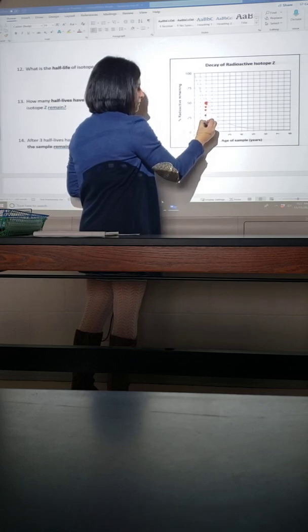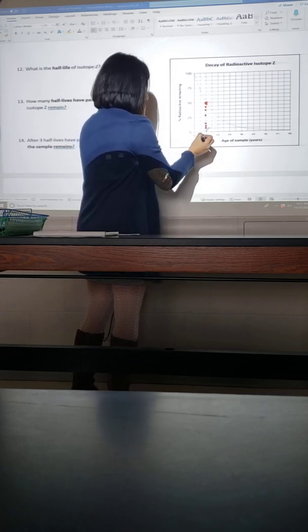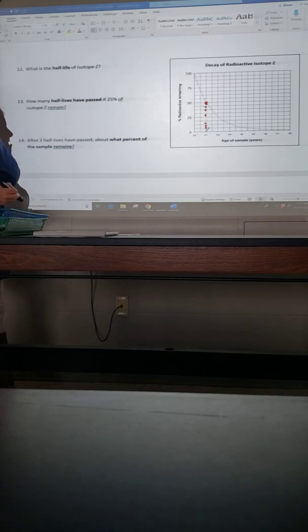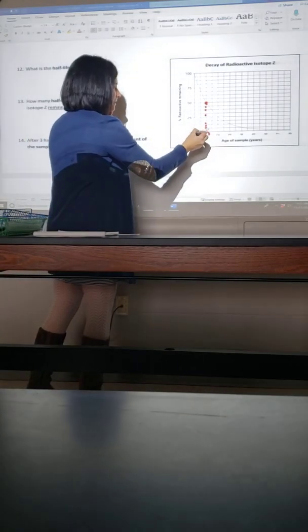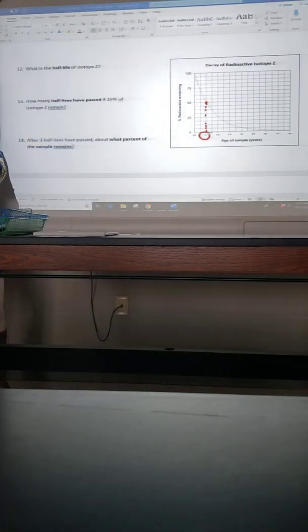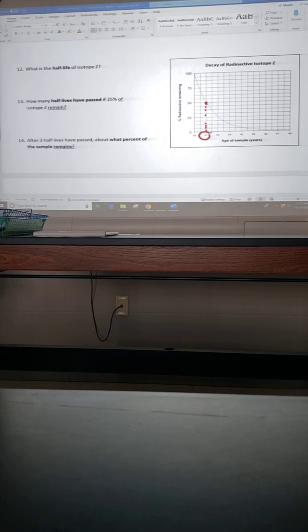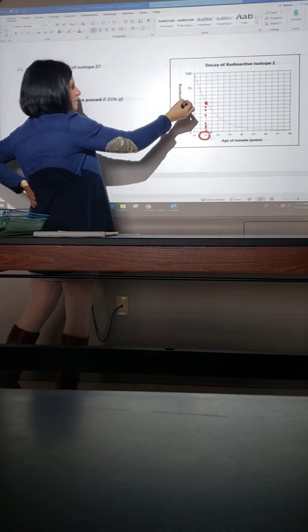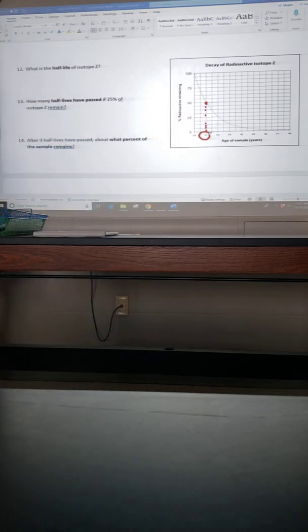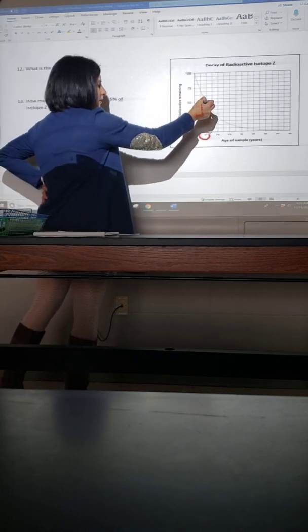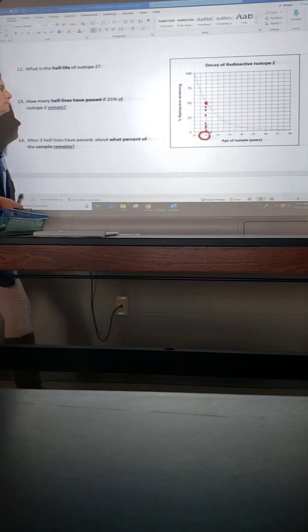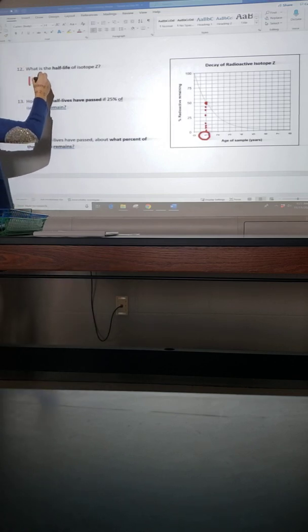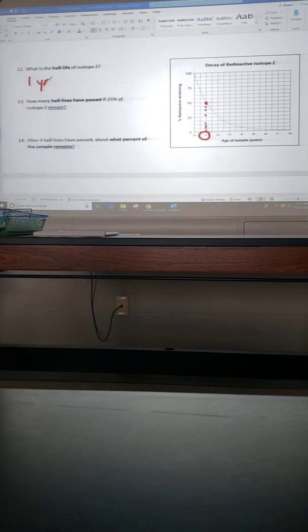And I know I'm going to go down here. Right? So what is the half-life of this sample? Yeah, it's just going to be 1 year, right? Because I go from my 50, which is half of the sample is decayed, and the amount of time that is, we just go from that line, drop down to my age line. So 1 year. Again, include the units.